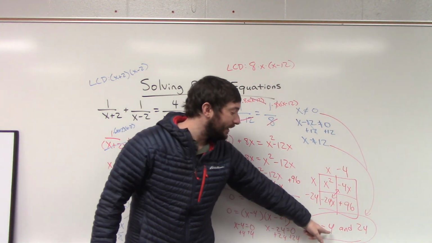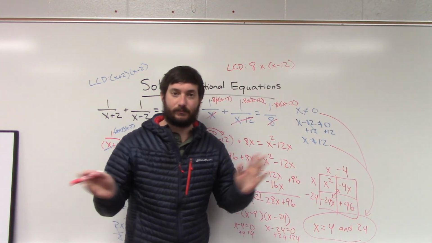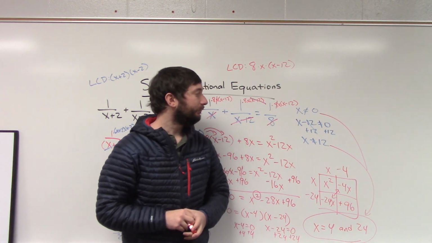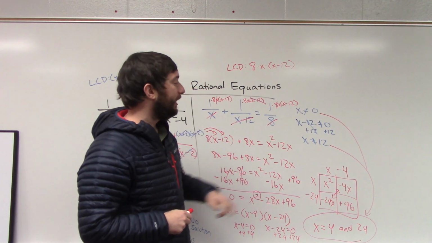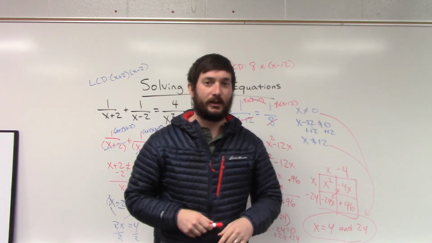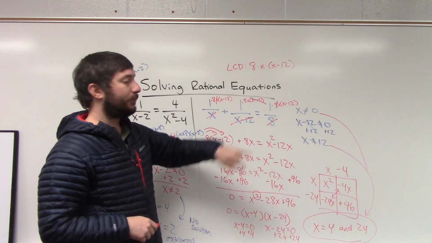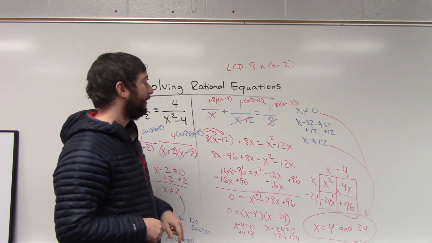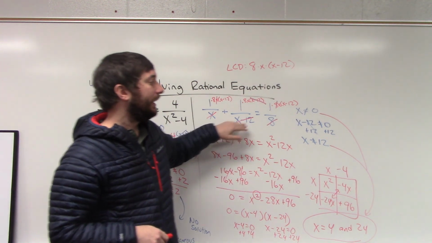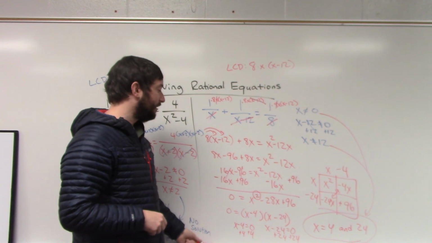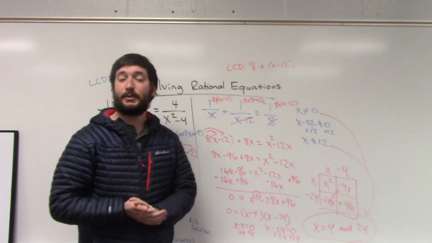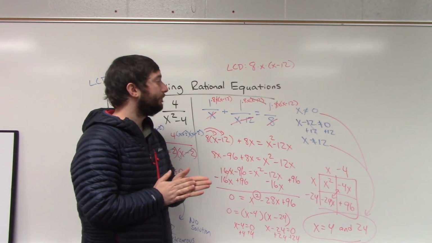This would be non-real, or extra. But that was not an excluded value, so we don't have to worry about it. Same thing, if x could not equal 24, let's say that was x minus 24 on the denominator there, then x could not be 24, it would be an excluded value, and this would be extraneous. Again, though, that did not happen, so we do actually end up with two solutions, not just one.